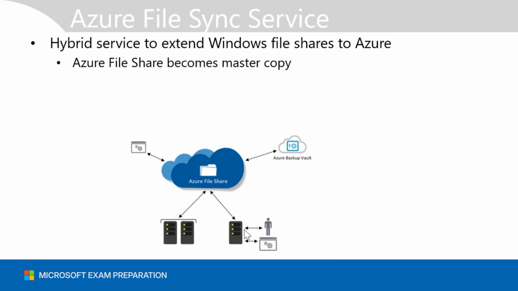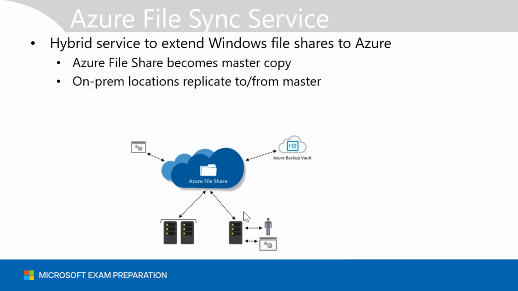So you first set up your Azure file share, you populate it with the necessary data, and it becomes the master copy of the file. You then go to on-prem servers, you install the file sync service and configure which shares to replicate down from the Azure file share.